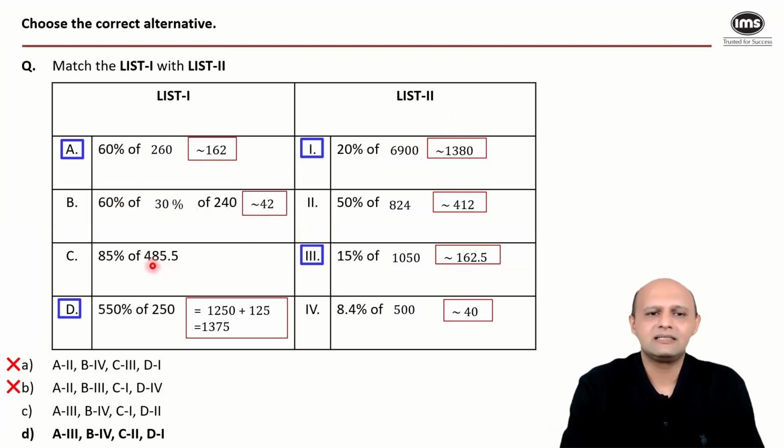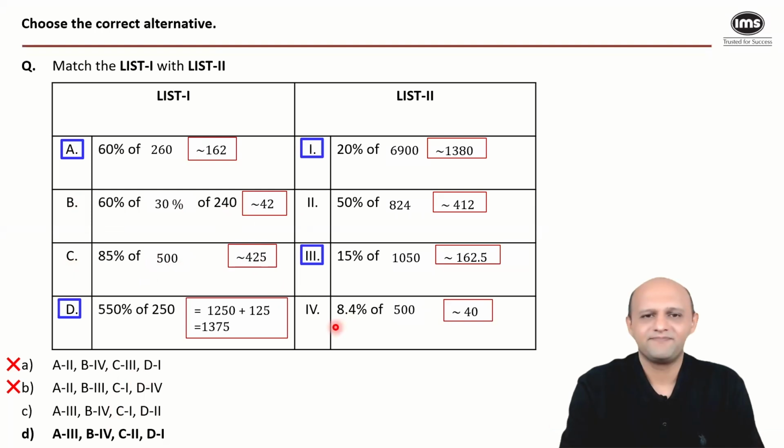If you assume this thing to be approximately 500, what is 85% of 500? It's 425. Now it's very clear that C here will map with the second one, which is true, and B maps with the fourth one, which is also true. So therefore, the answer is option D.